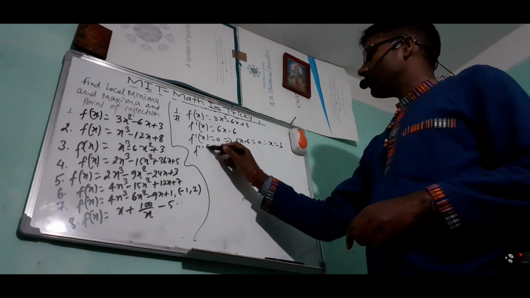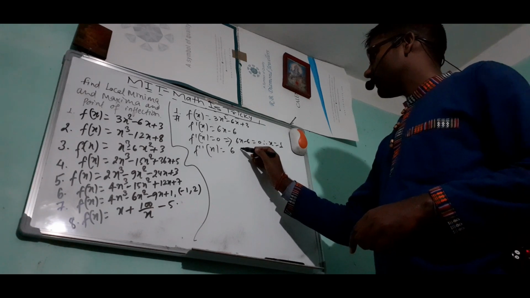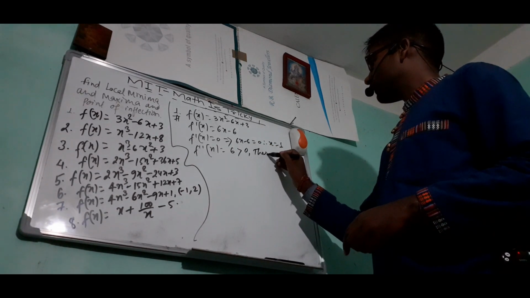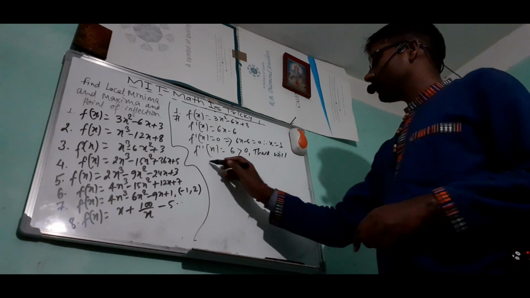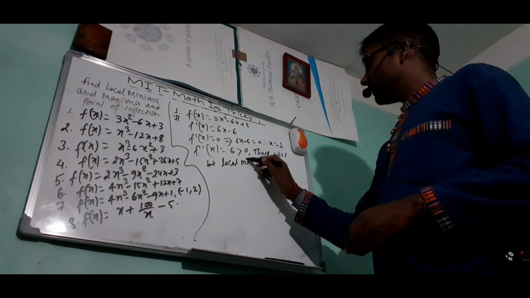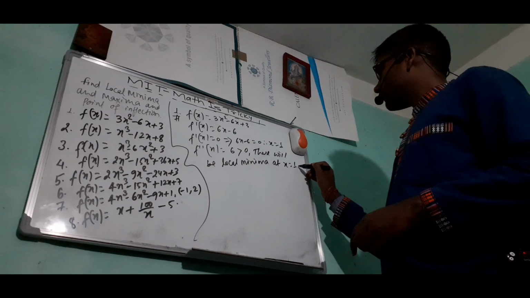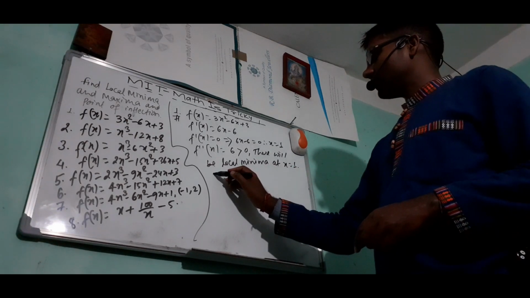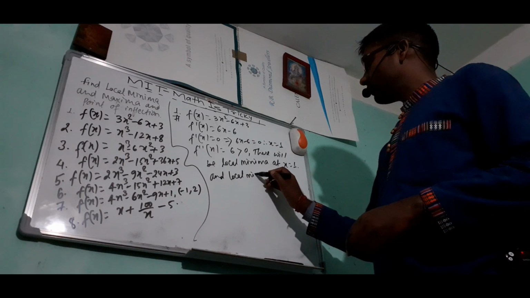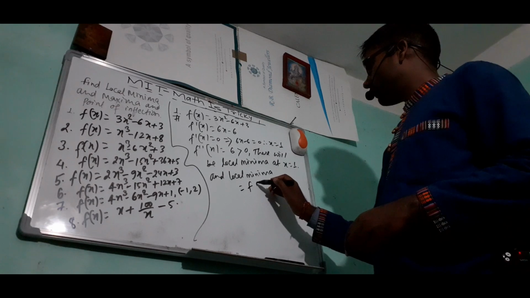Let's find the second derivative, which is simply 6, which is greater than 0. So there will be a local minima at x equals 1.